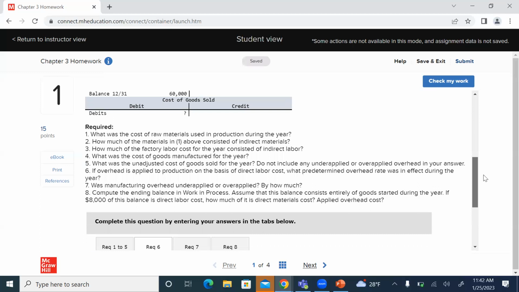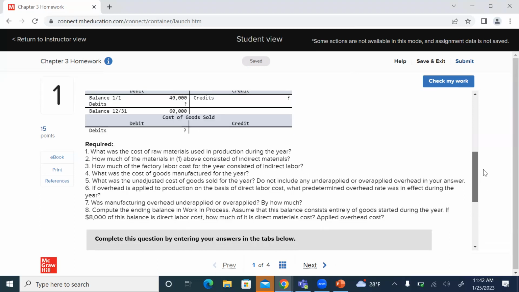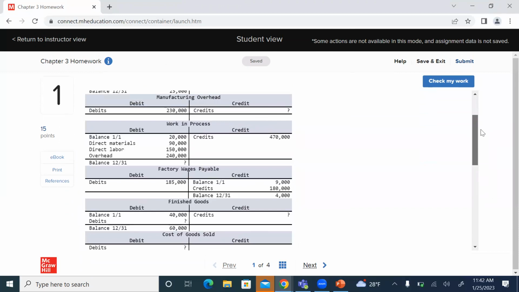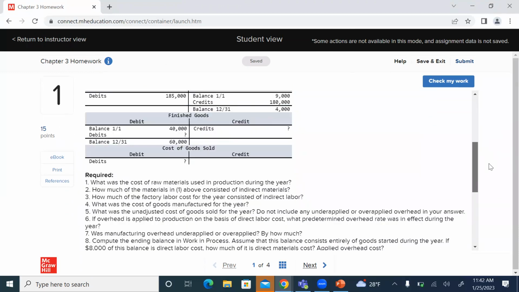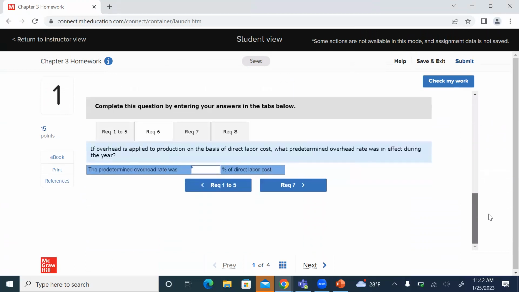If overhead is applied to production on the basis of direct labor cost, our direct labor cost was how much, guys? 150,000, right? What predetermined overhead rate was in effect during the year?